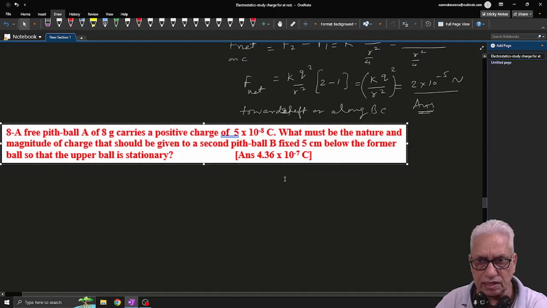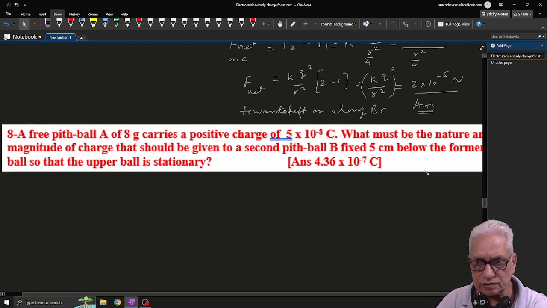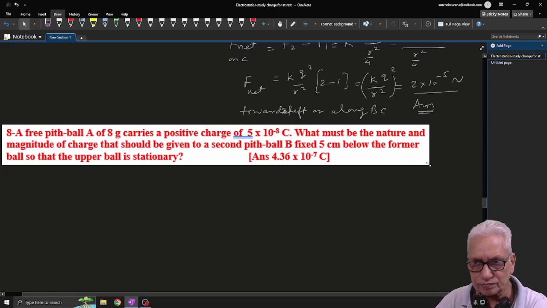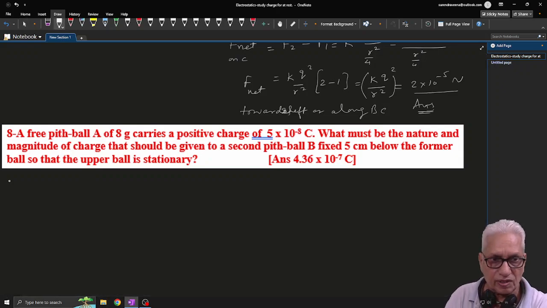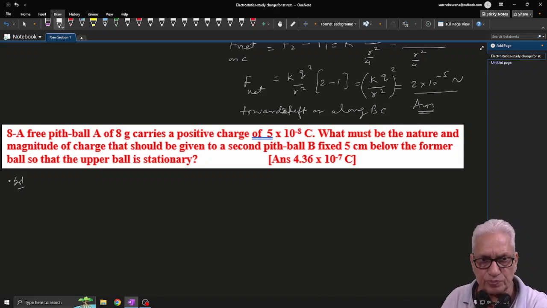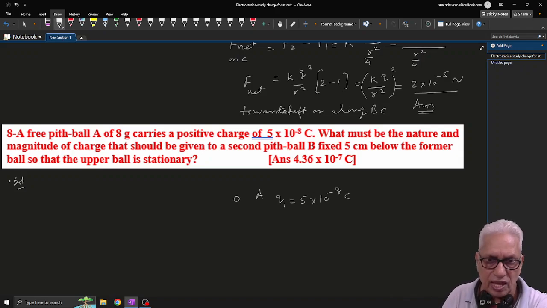Now let us see this question. A free pith ball of 8 gram. Let us say this is A having charge Q1, suppose 5 into 10 to the power minus 8 coulomb, and this is the weight mg acting in the downward direction.